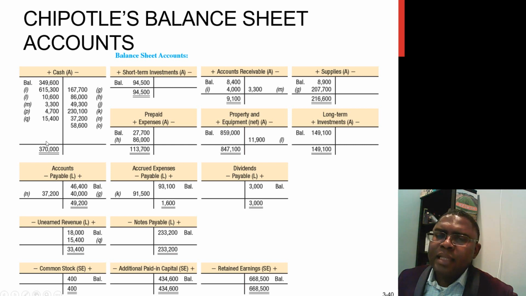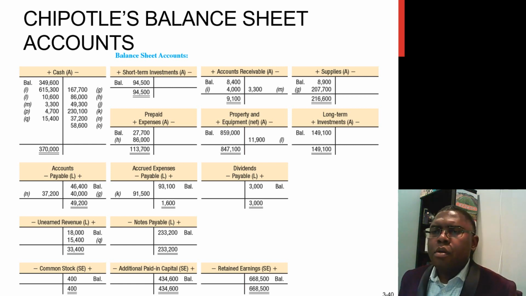So on this side, the balance for the cash account is going to be a debit balance of 370,000. If we look at the notes payable, for example, notes payable is a liability. When we add it up, we have a credit balance of $233,200. So see, this will remain as a credit balance.